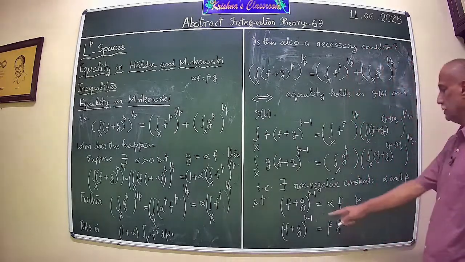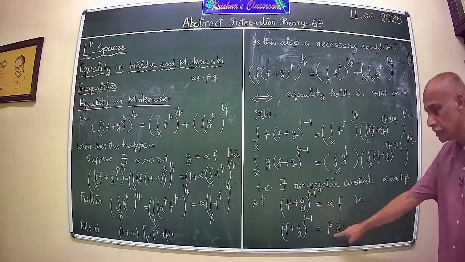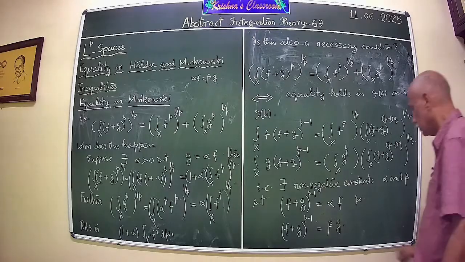What does this mean? These two are equal to alpha times f plus beta times g.